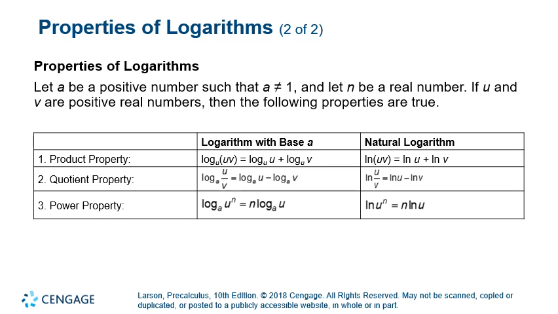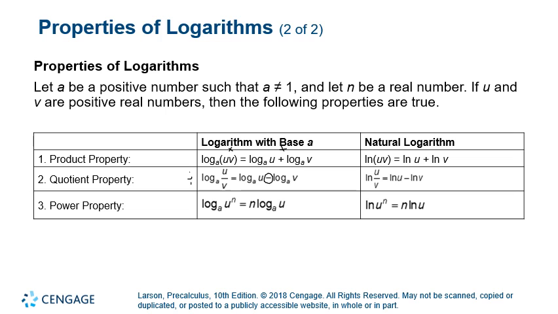So we have the product property, where multiplication is expanded through addition. We have the quotient property, where division is expanded through subtraction.